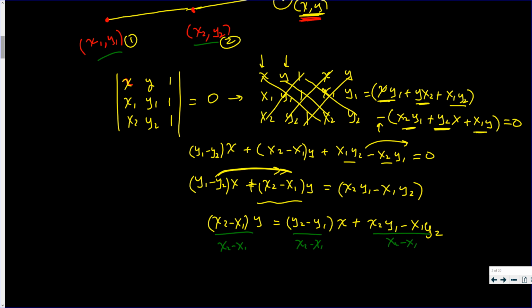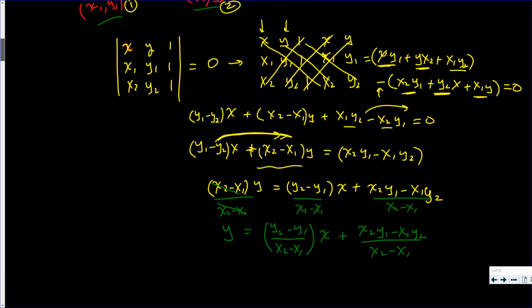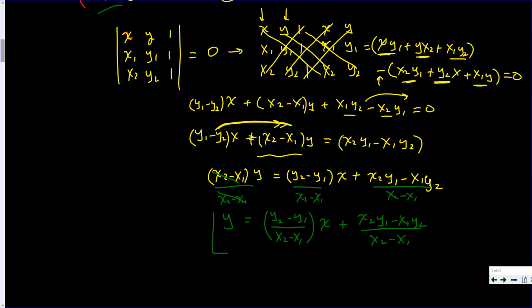So we have y is equal to, because by design that canceled, y2 minus y1 over x2 minus x1, that's the slope, times x plus the y-intercept, x2, y1 minus x1, y2 over x2 minus x1. Okay, so we do have it in the standard form.